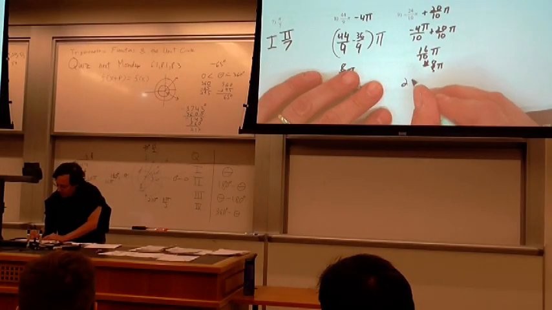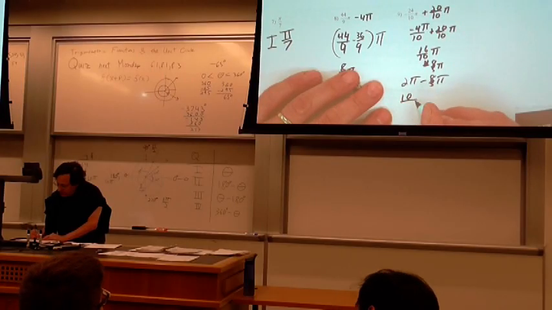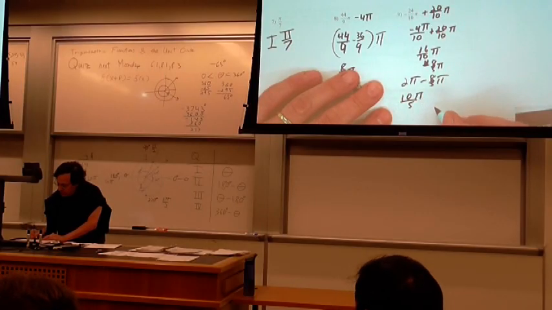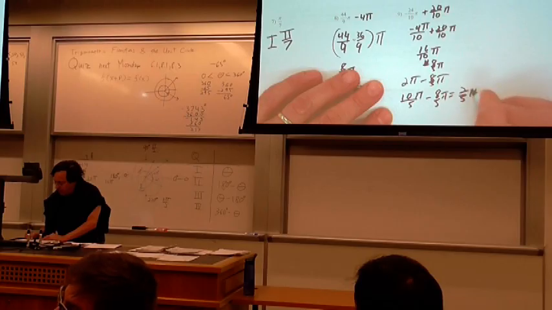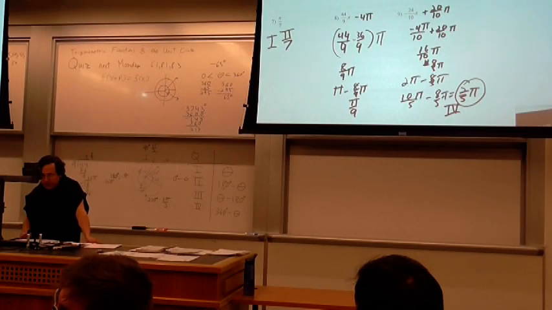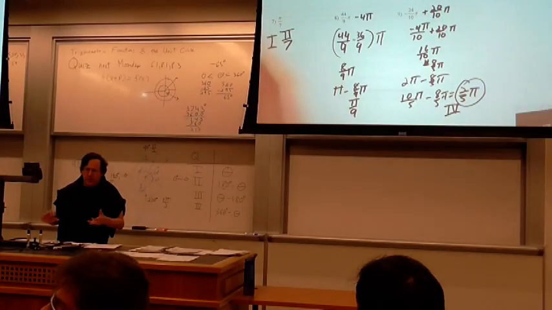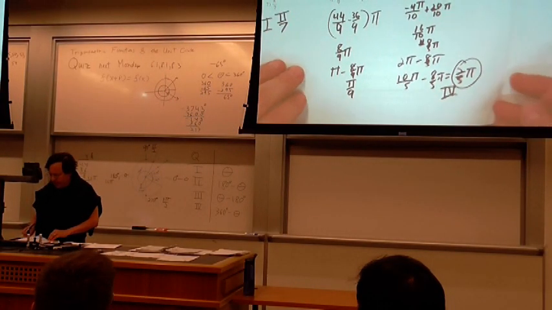So 2 pi minus 8/5 pi, well, 10/5 pi minus 8/5 pi is 2/5 pi. So it's in the fourth quadrant, and its reference angle is 2/5 pi. This is a little tricky math. It's nothing earth-shattering yet. We're going to get to that.